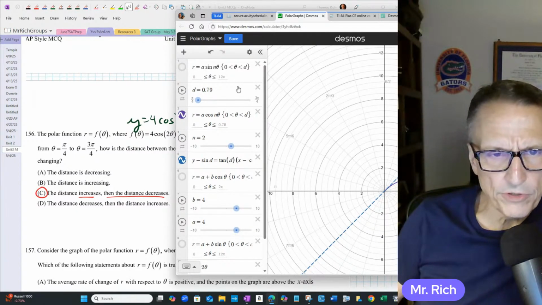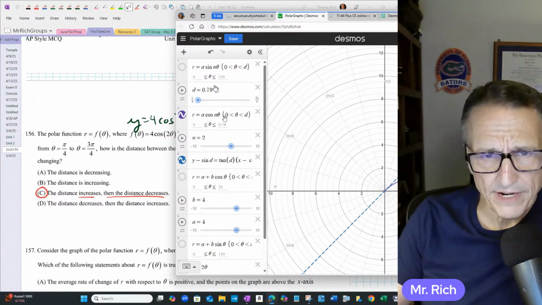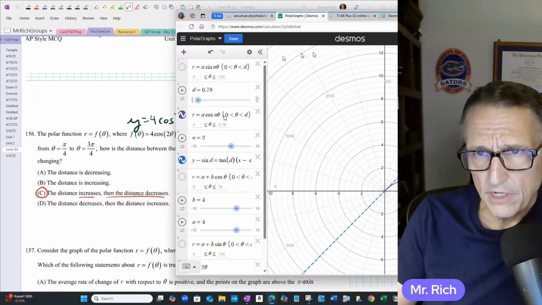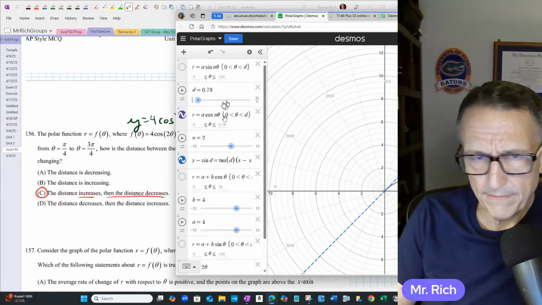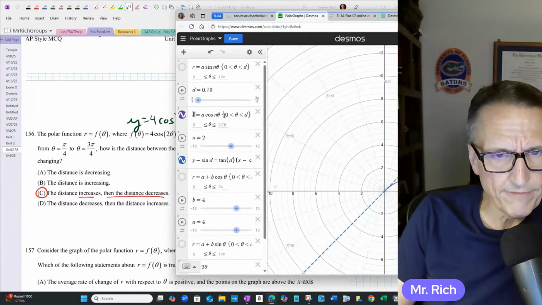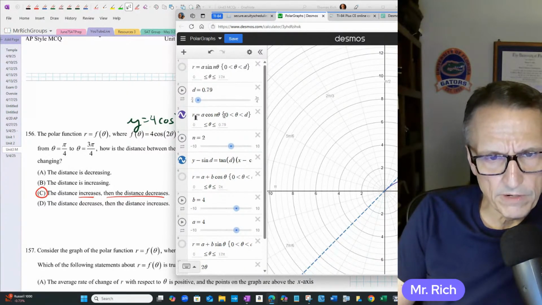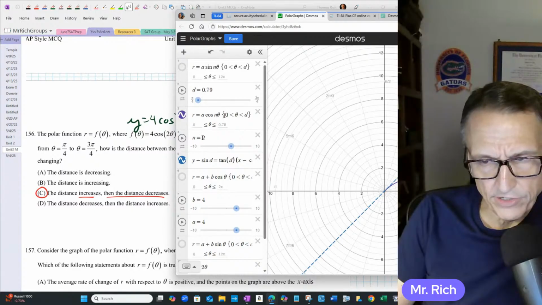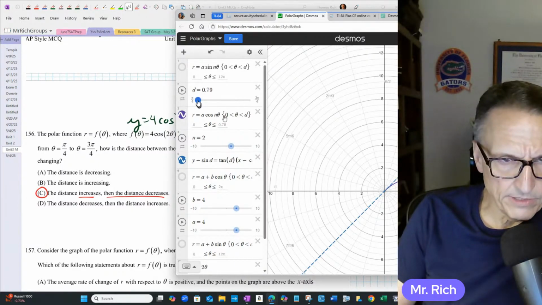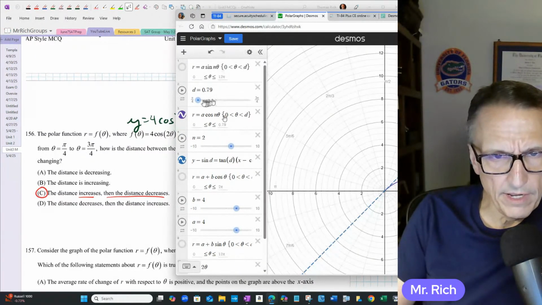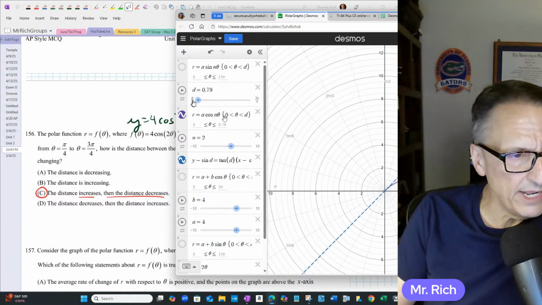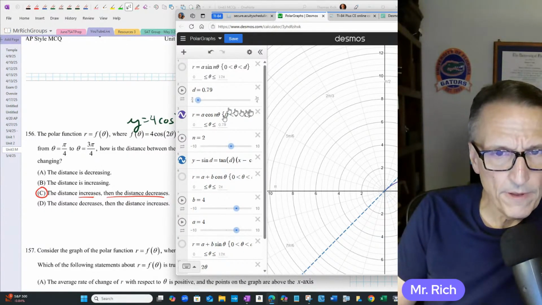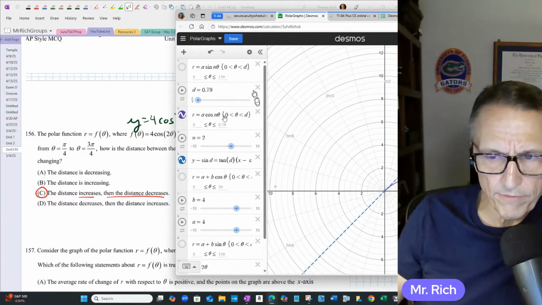But I did want to show you that if I graph this function, I've got this Desmos equation set up to graph right here, r equals, my a is set at 4 and my n is set at 2. And also I took my slider that is actually increasing the angle. I'm starting it at an angle of pi over 4 and then going to 3 pi over 4.